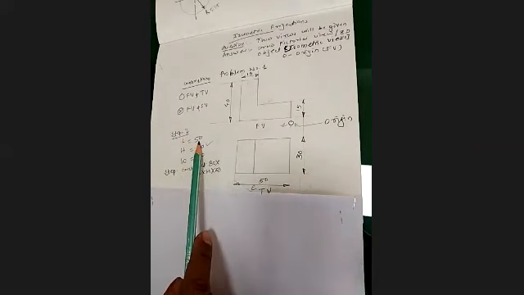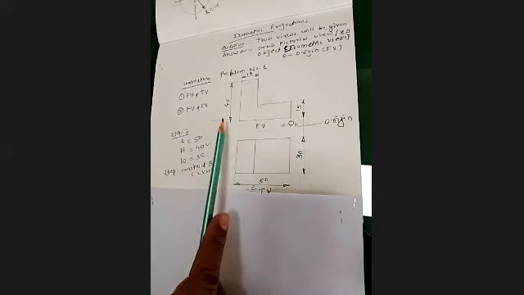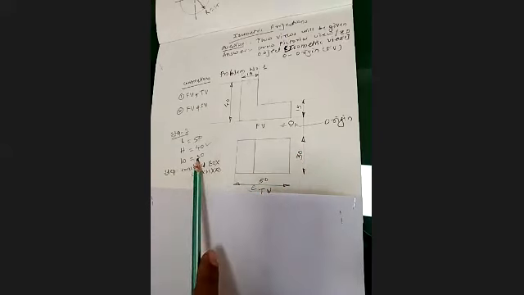So that length is 50 millimeter. Height is always with the front view. So the height is 40 millimeter. You know that in the top view, there will be the length and width. So the width is straight away given, 30 millimeter. Okay. So length 50 millimeter, height 40 millimeter, width 30 millimeter.